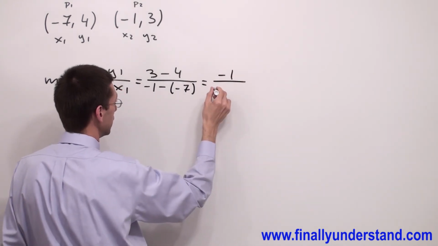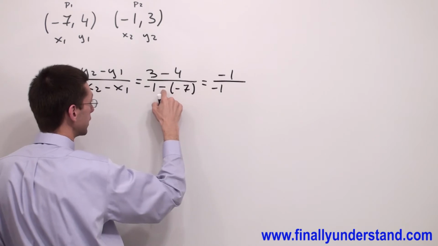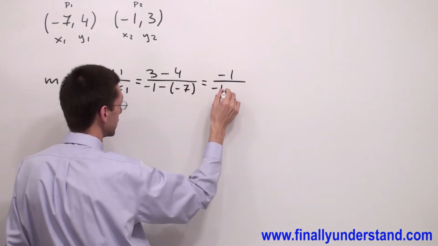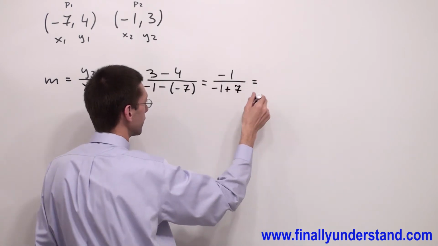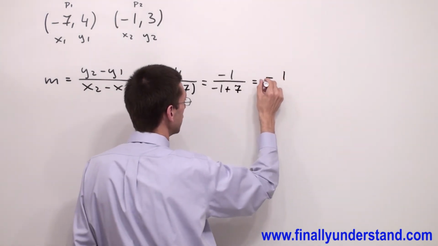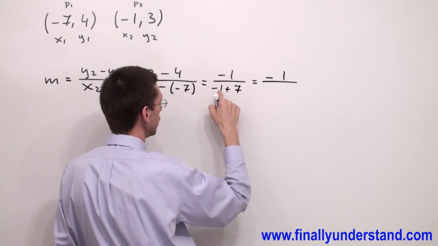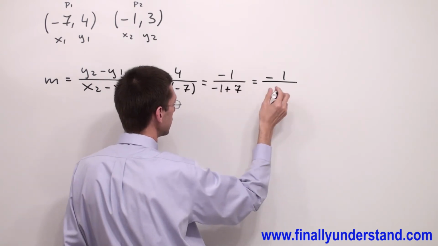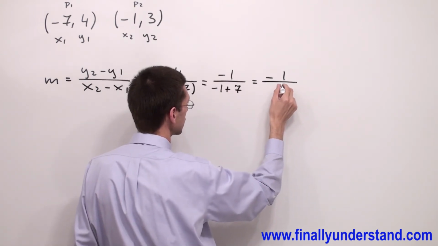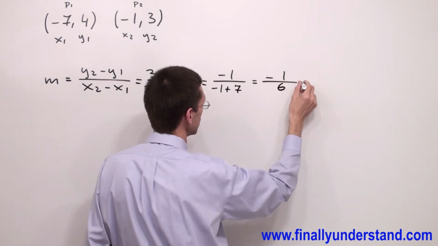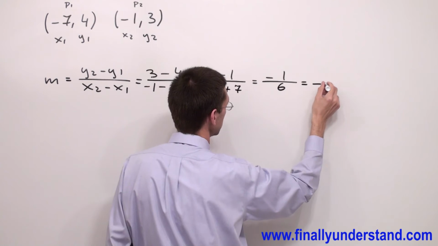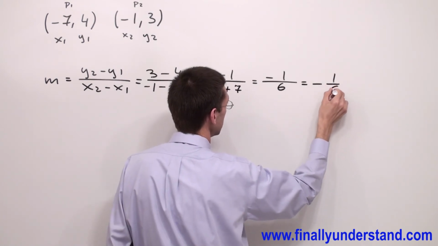And I have negative 1 over, negative times negative gives me positive, so this is plus 7. Negative 1 over negative 1 plus 7 is equal 6. Negative divided by positive is equal negative. That's why my answer is negative 1/6.